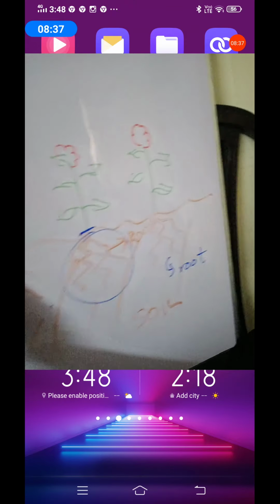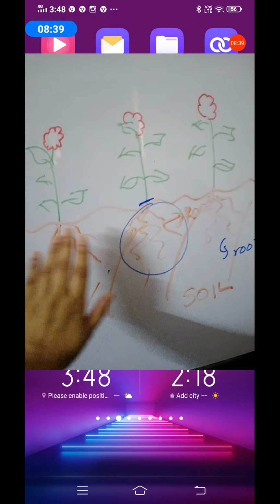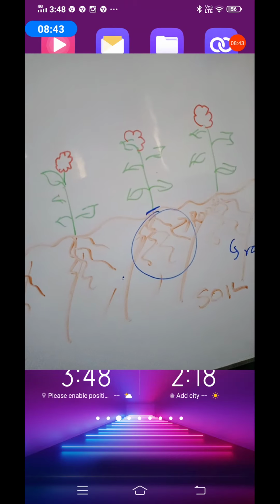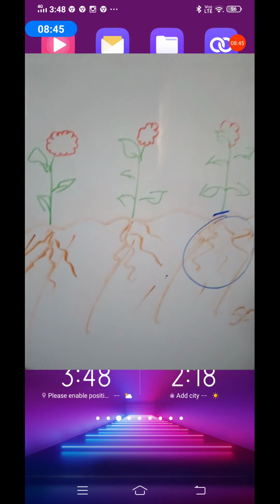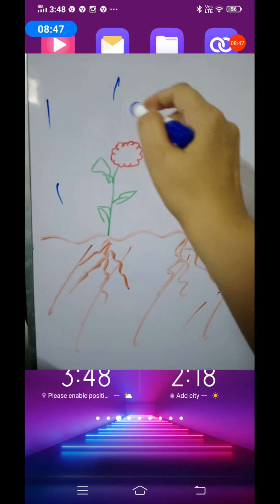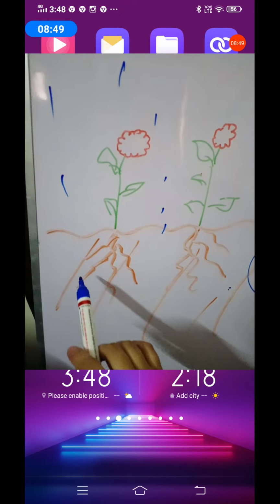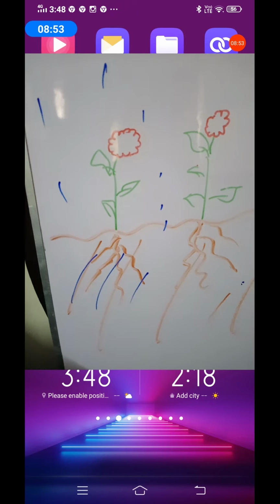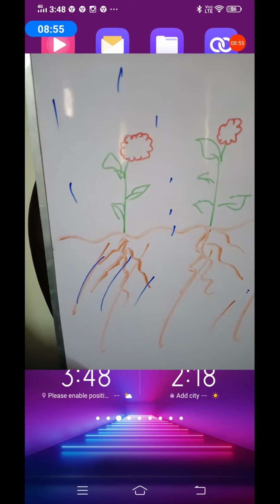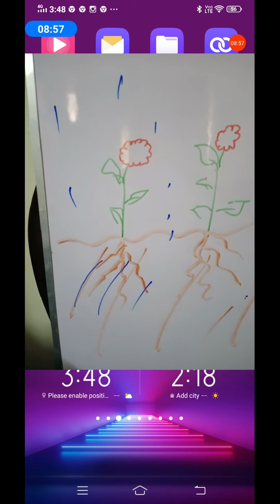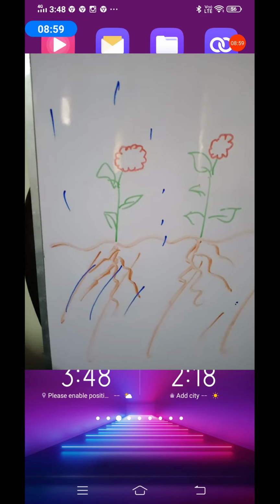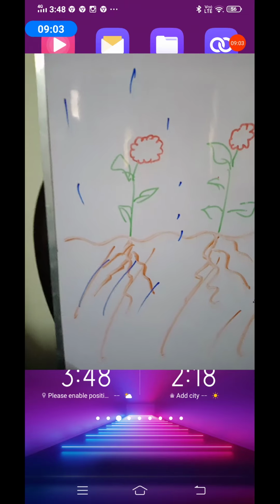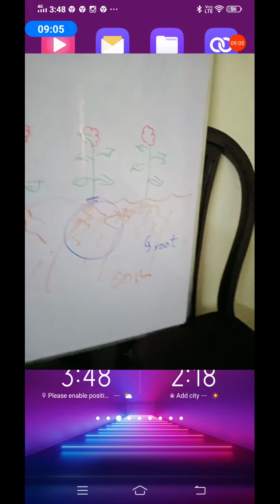What if I remove all these roots from here? Okay, all the roots are removed. And when the rain will come, suppose these are the raindrops, what will happen to this soil? Soil is nothing but mud. It is just sand, mud and dust particles. If rain is going to come, it will all flow, right?